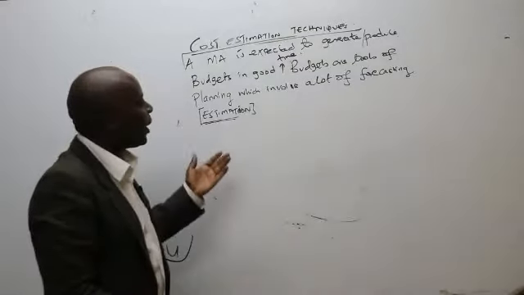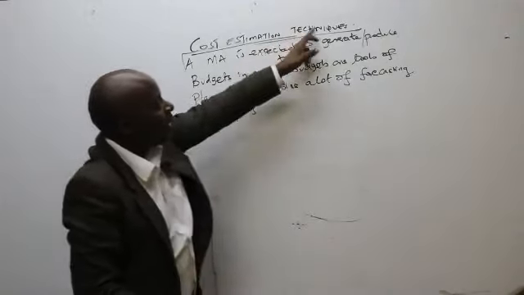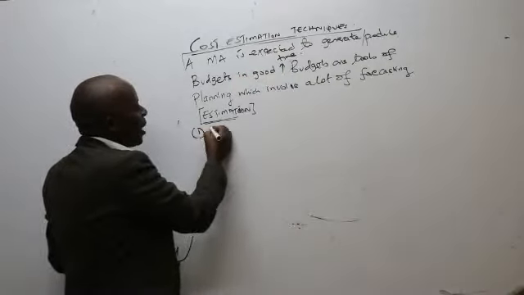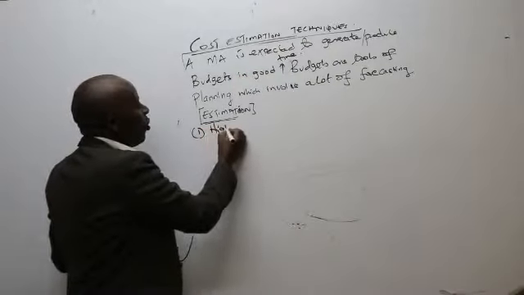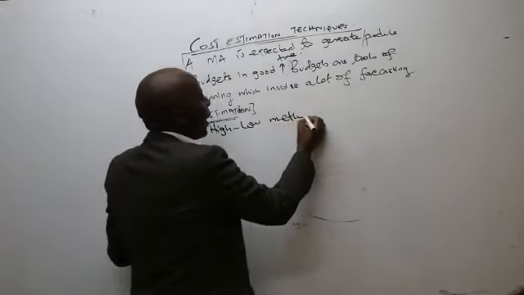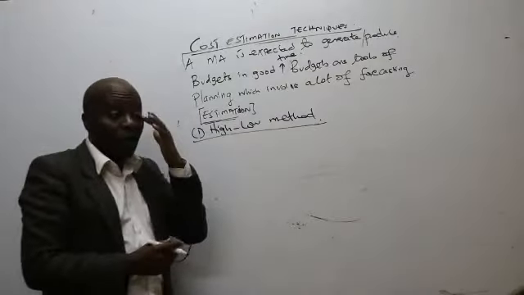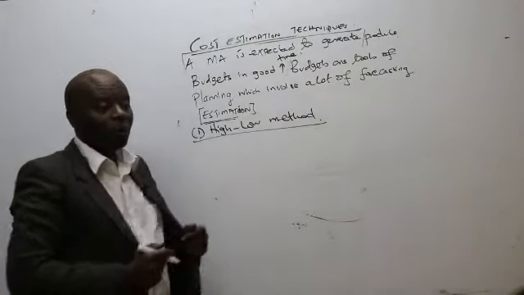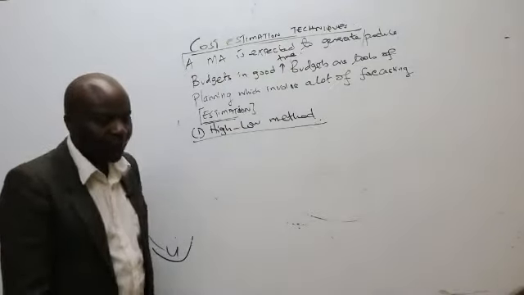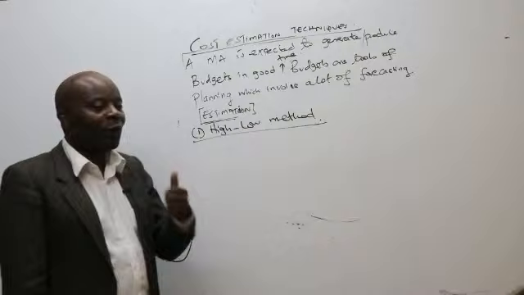Ladies and gentlemen, for us at this level, we are supposed to look at the techniques here. And the first technique that I would want to bring to your attention, technique number 1, is what we call the high-low method. Have we taken our notes up to there?